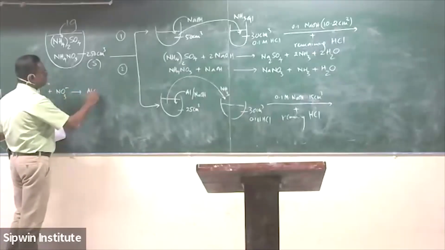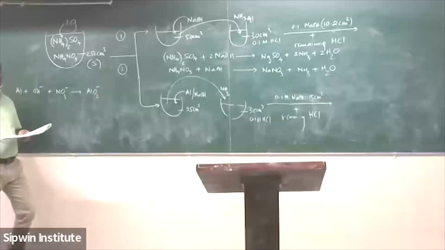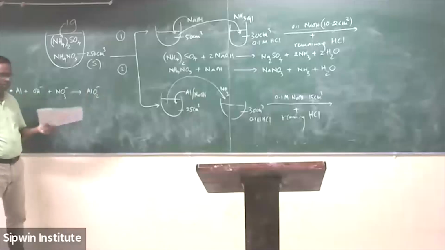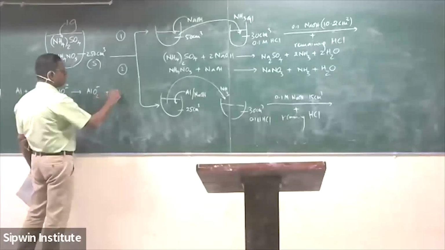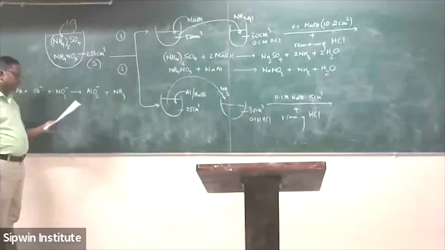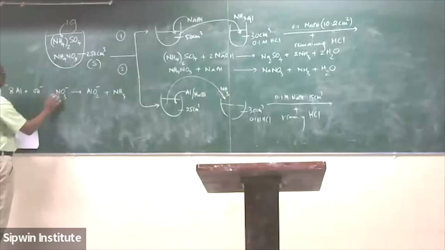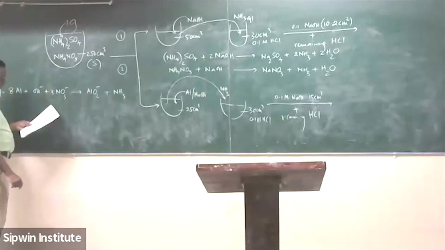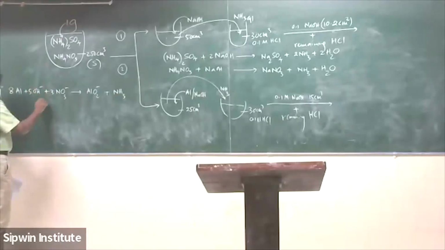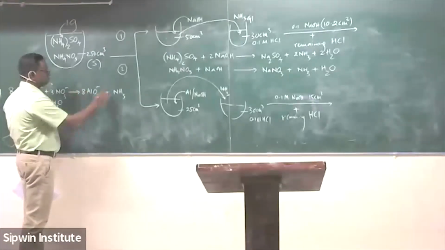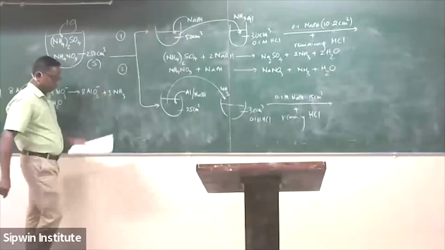Aluminium goes to aluminate, AlO2 minus, or Al(OH)4 minus, both all right, and ammonia. Balanced reaction: 8 aluminium, 3 nitrate, 5 OH minus plus 2 H2O gives 8 aluminate and 3 ammonia.